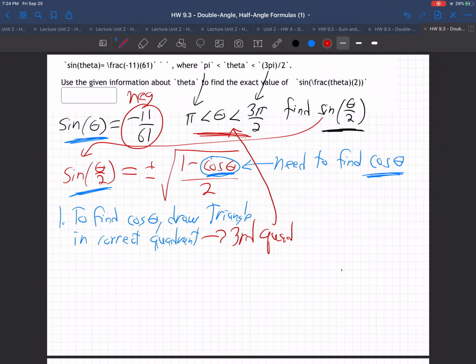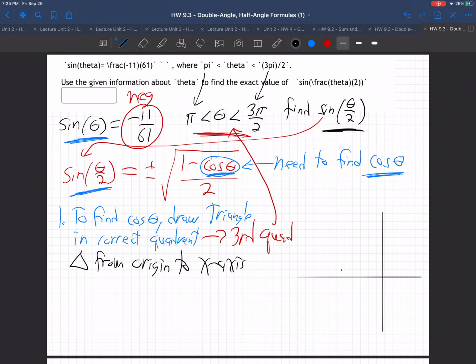Okay, so I'm going to draw a triangle in the third quadrant. Remember how we draw these triangles. Triangle from the origin to the x-axis. So I'm going to draw the triangle from the origin, not to the y-axis like that.